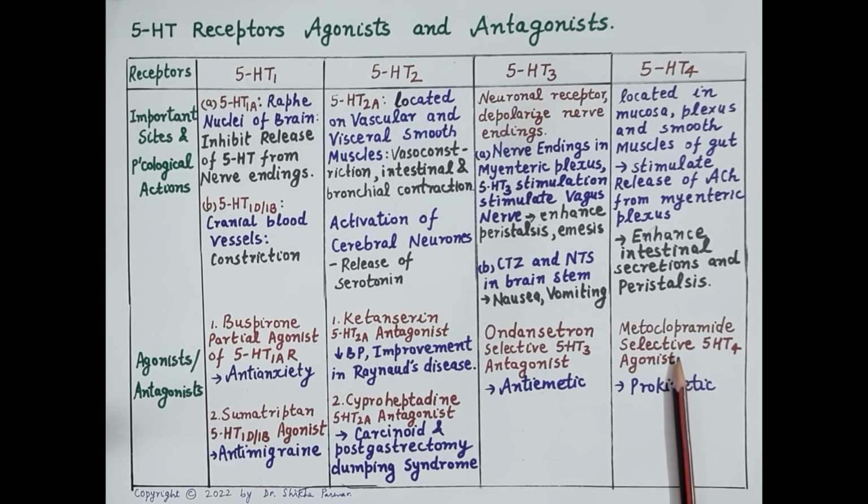Now, metoclopramide is a selective 5-HT4 agonist. It stimulates peristalsis and it also enhances intestinal secretion, and therefore it is used clinically as a prokinetic agent as it enhances or it accelerates the process of gastric emptying.